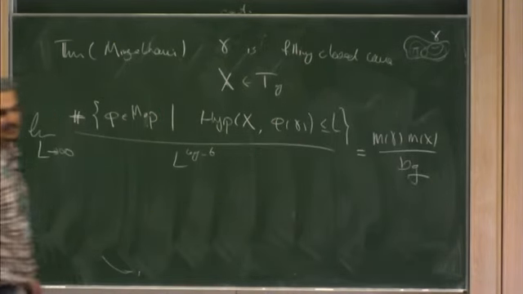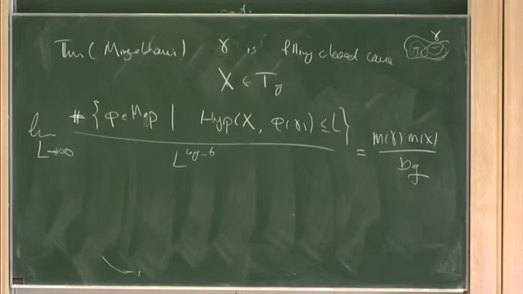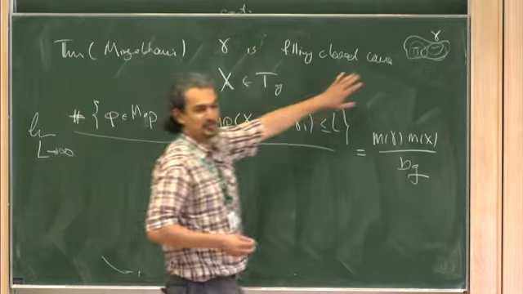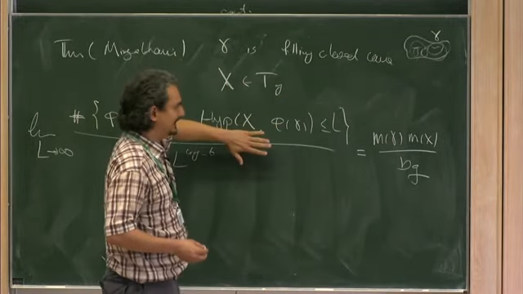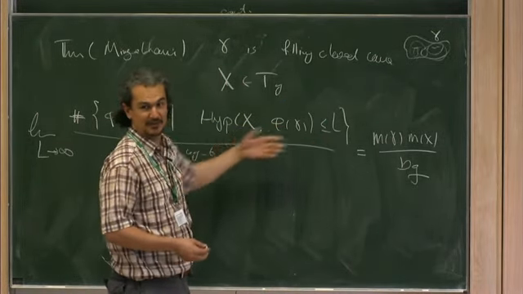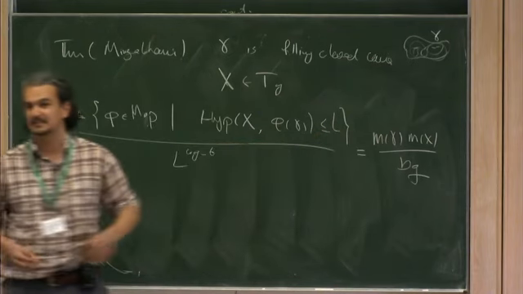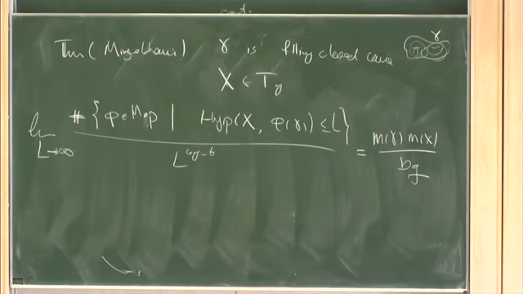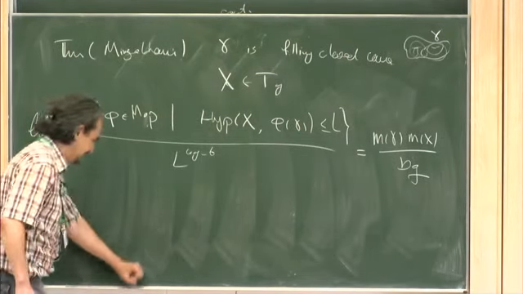It's this exact number. So the growth rate of the number of curves of a particular type, gamma, of certain length, always grows polynomially, and the limit exists and is this exact number. So you can compute the limit.